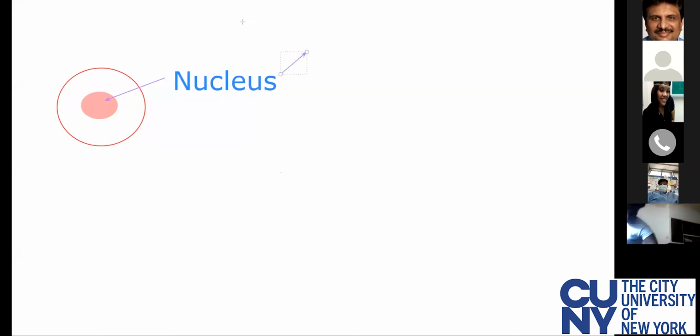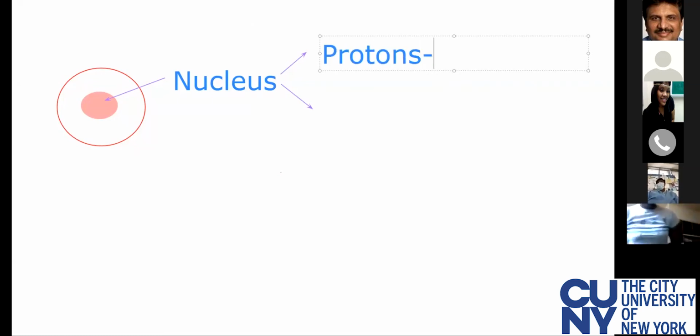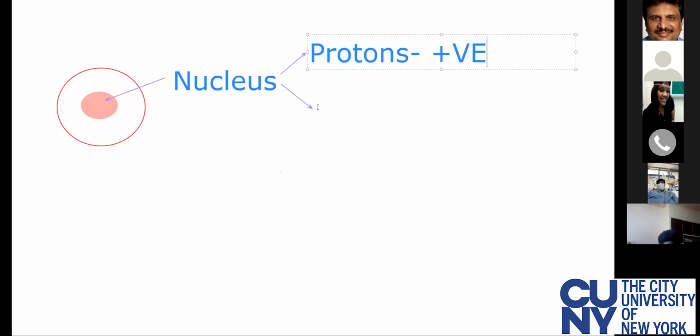Number 1 is protons, which are positively charged, and the second particle present in the nucleus is neutrons, and neutrons are neutrally charged.